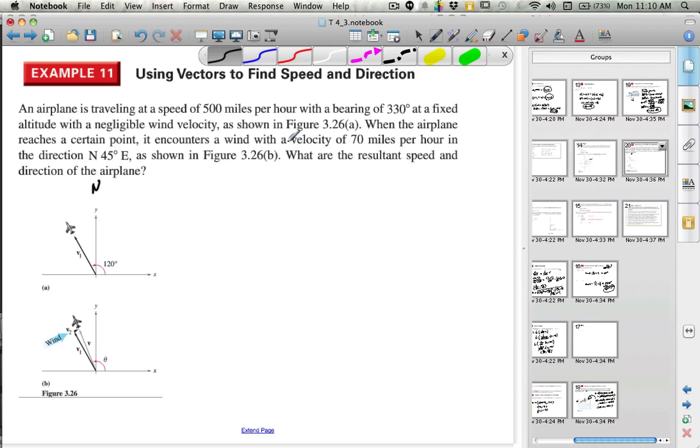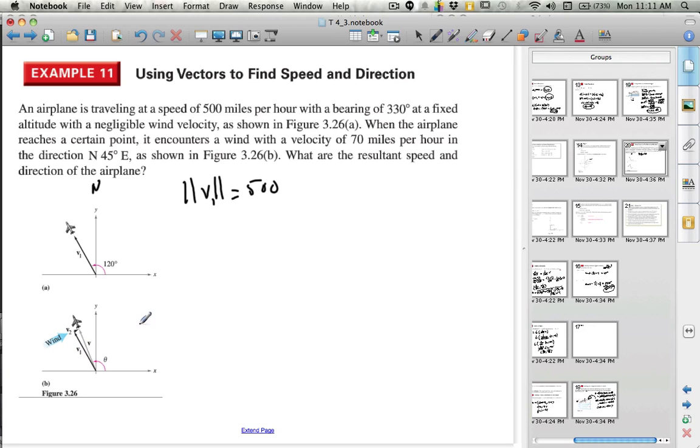So what we've got then is this airplane traveling at a speed of 500 miles per hour. So I know then that the magnitude of my vector V1 is 500. Okay, it's on a bearing there. Negligible wind velocity. When the airplane reaches a certain point, it encounters a wind with a velocity of 70 miles per hour. Right?